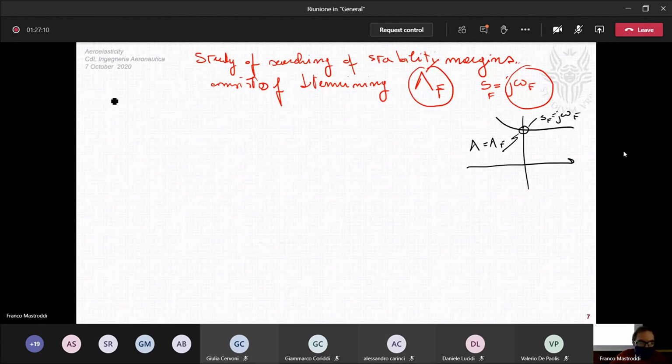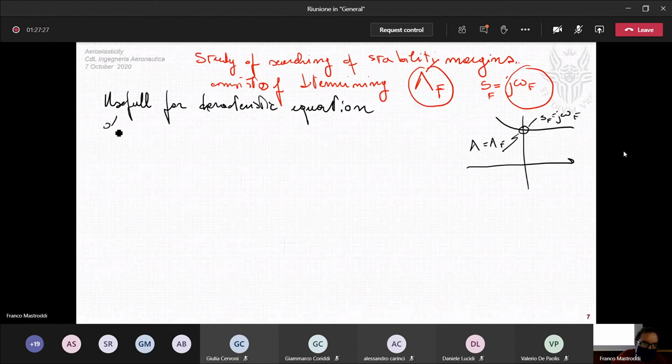This approach is very useful for characteristic equations of polynomial type.